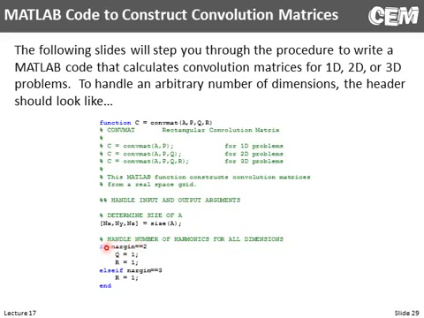If the number of input arguments is just 2, meaning the user has only given A and P, it's a one-dimensional problem, and we'll just set Q and R equal to 1. So we're only going to use one harmonic in the uniform directions. If the number of input arguments is 3, that means the user has given us A, P, and Q. We just need to set R equal to 1 because that's the uniform dimension.